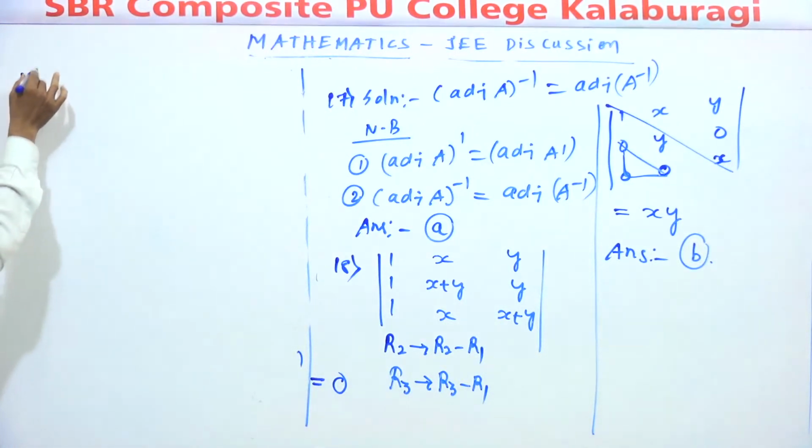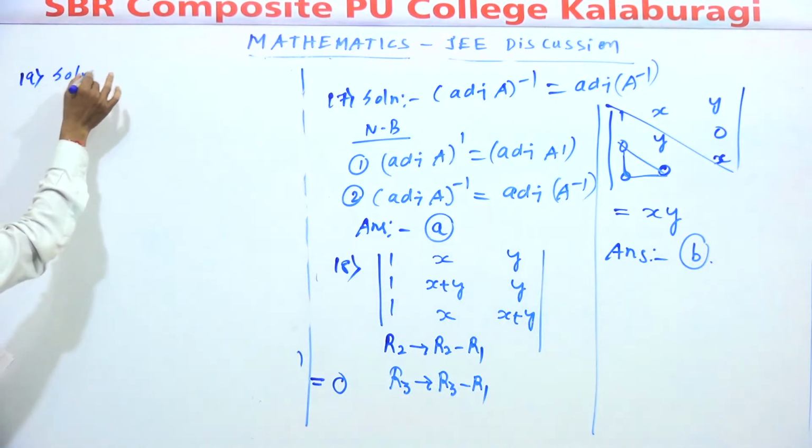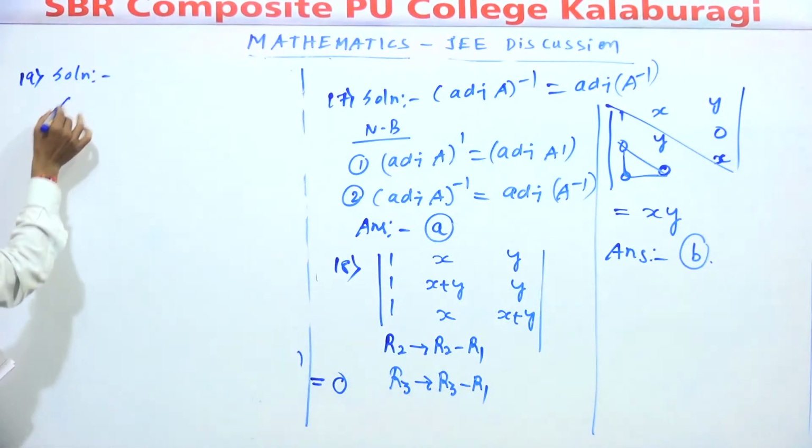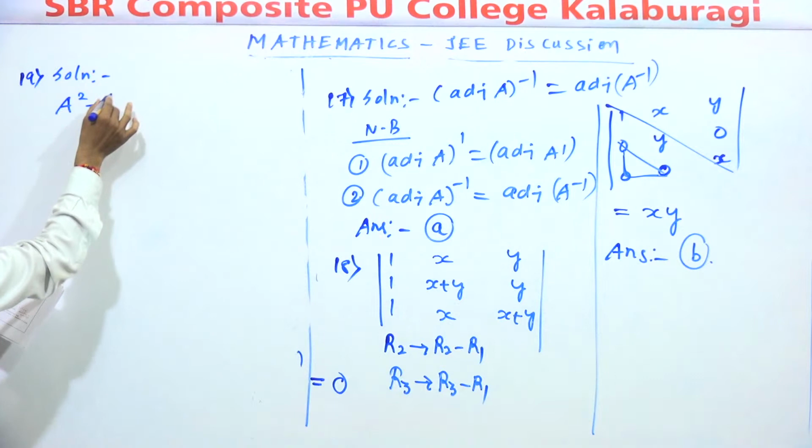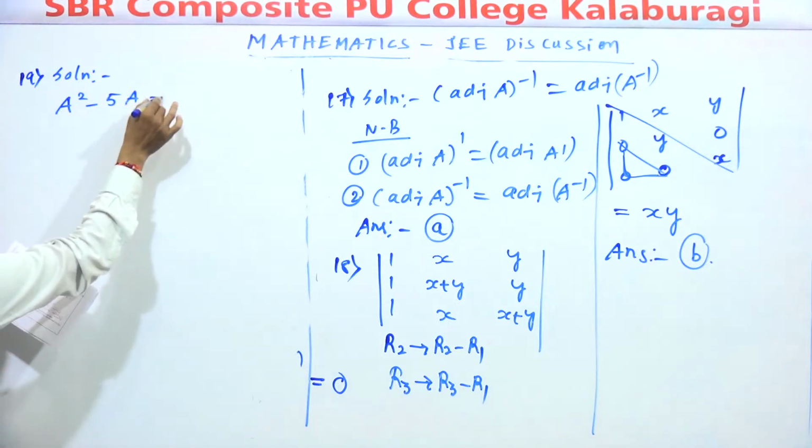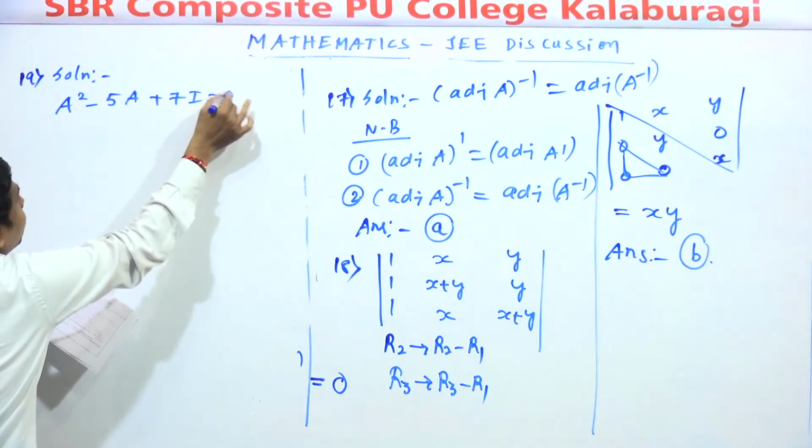19th question, 19th solution. It is given here that A square minus 5A plus 7I equal to 0.